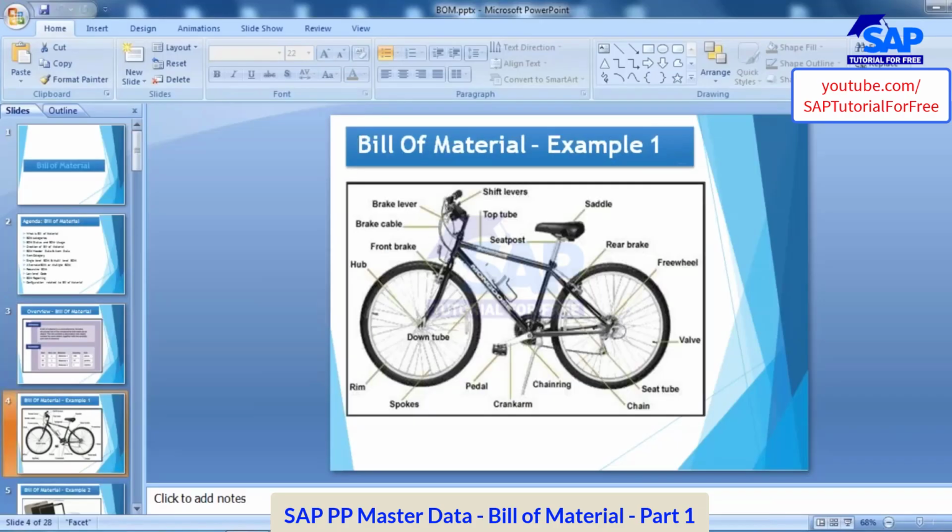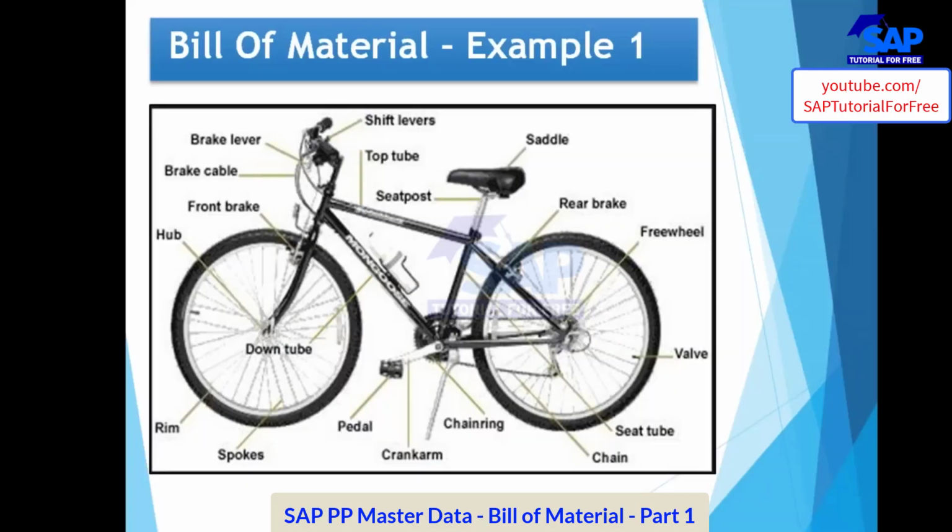Let's say you want to manufacture a cycle. To manufacture a cycle, you require rim, spokes, pedals, chain, tubes, wheels, brakes, all those things, right? So all these things you'll put in the bill of material.